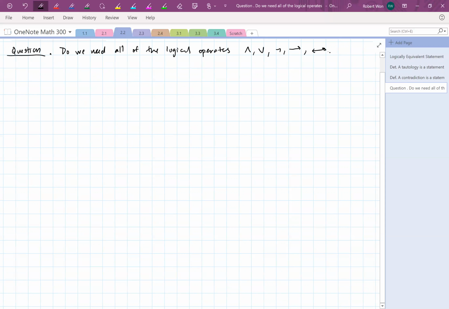Or can we get away with fewer of them? Perhaps a related question is, are there any logical operators that we don't have yet? In other words, is there any column that I can't get in a truth table by using only these logical operators? So related: do we have all of the ones we need?